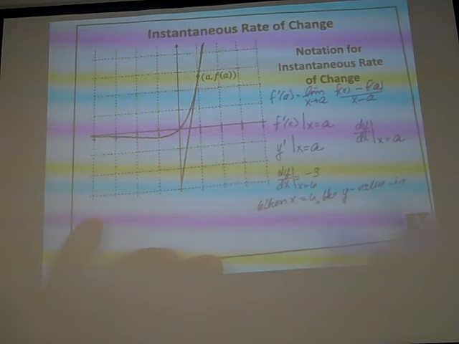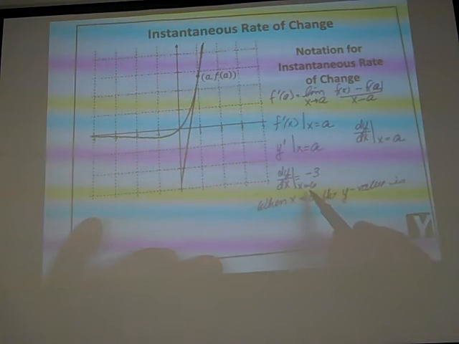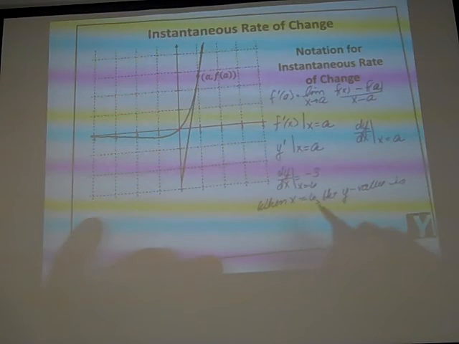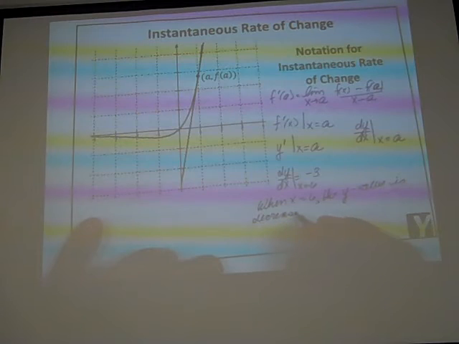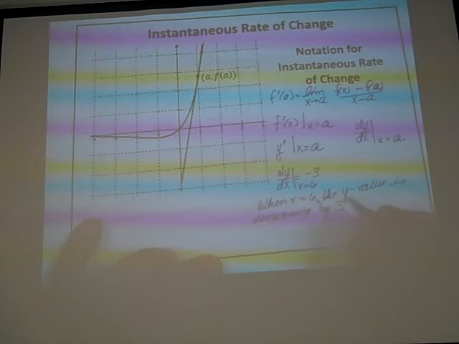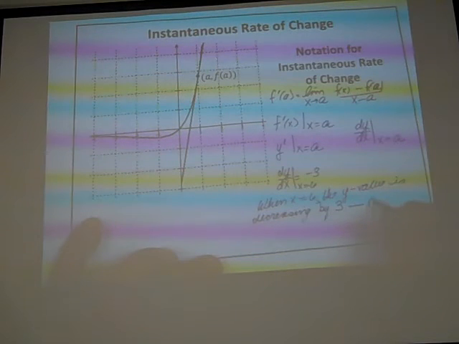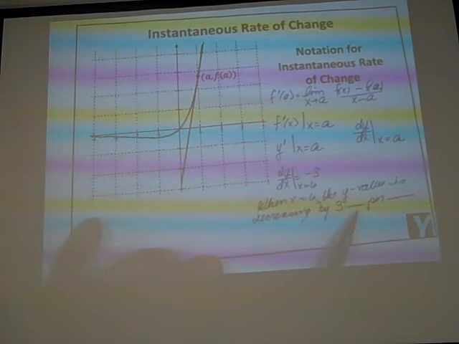Well, how is it changing? If the instantaneous rate of change at 6 is -3, we'd say when x equals 6, the y value is decreasing by 3 blank per blank. And the blanks are going to be filled in by whatever the units are.